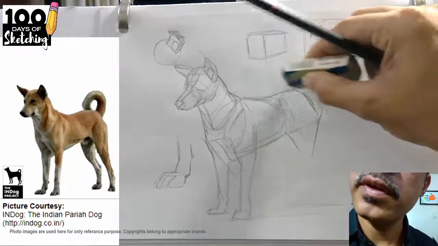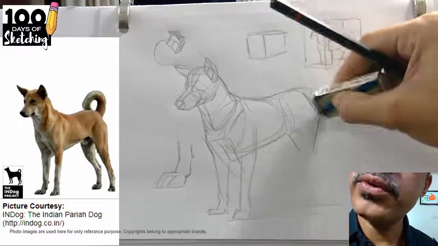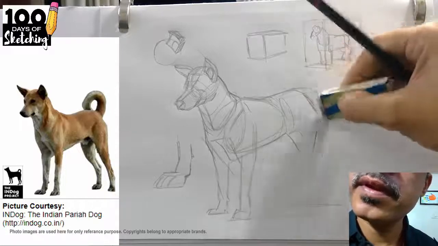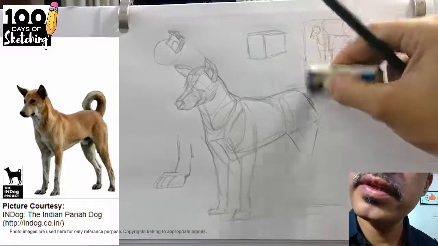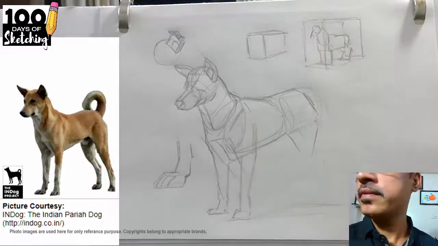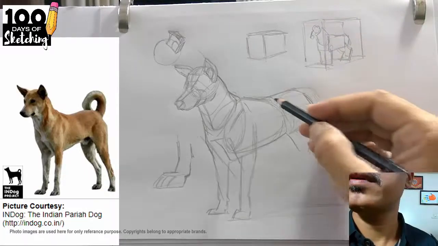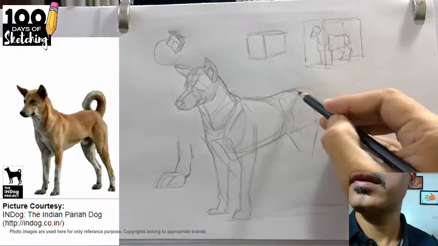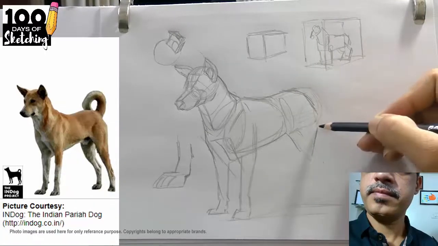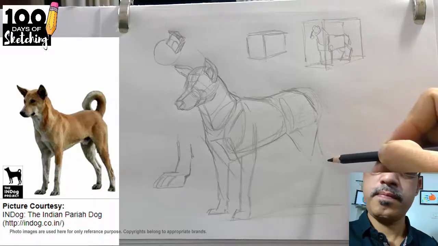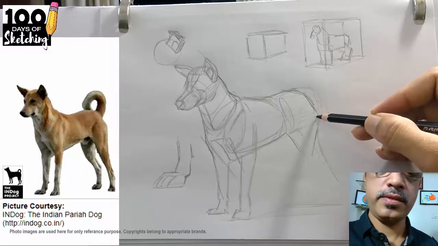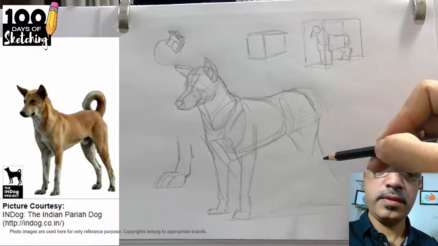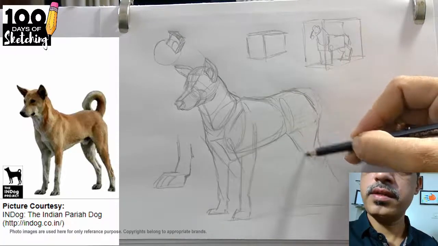If you know a little bit about the bone structure inside, it will be very easy. Still quite long, that. And the curve.